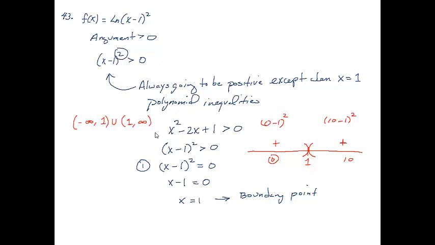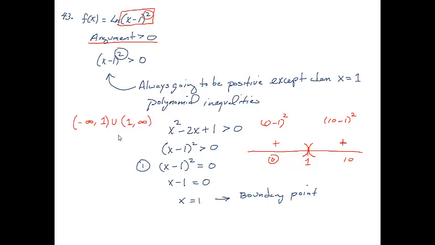Okay? So let's recap that. The argument has to be positive, greater than 0. Because there is a square right here, this argument is always positive except when x is 1. Therefore, 1 must not be included in your domain. Every other x is there except this one, basically when x is 1.